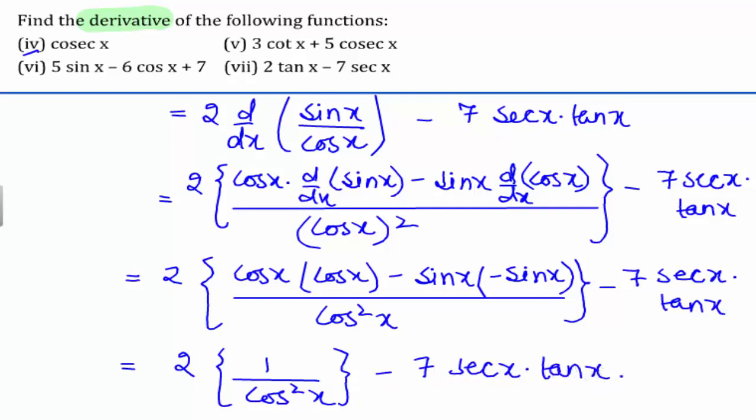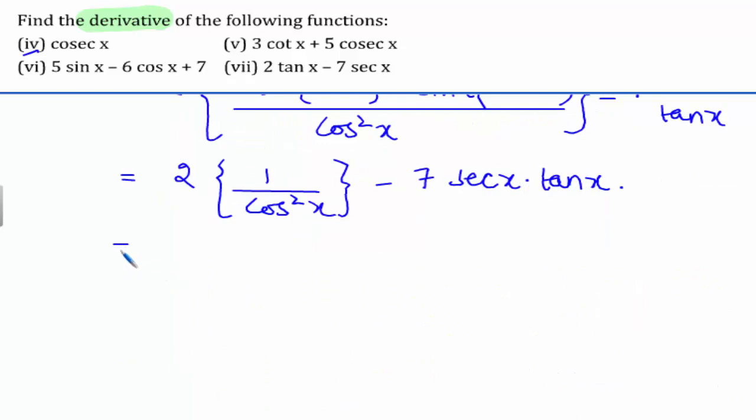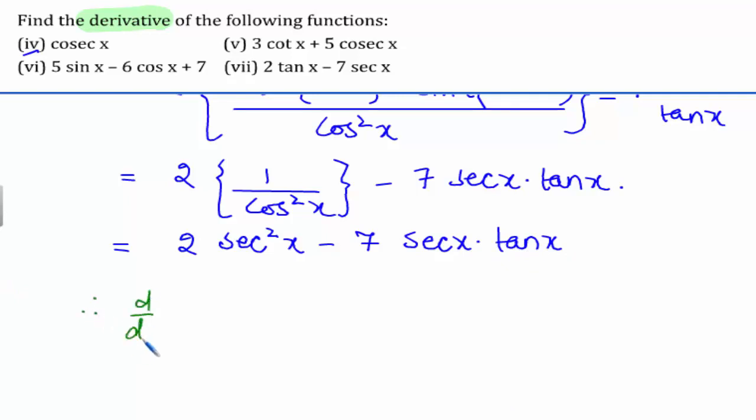Therefore, the derivative of the function 2 tan x minus 7 sec x with respect to x is 2 sec square x minus 7 sec x into tan x. This completes the solution.